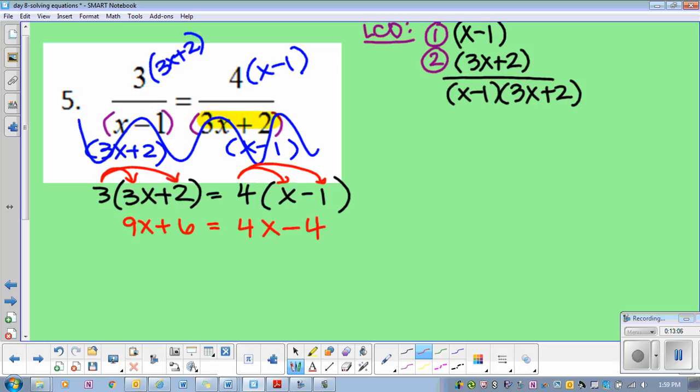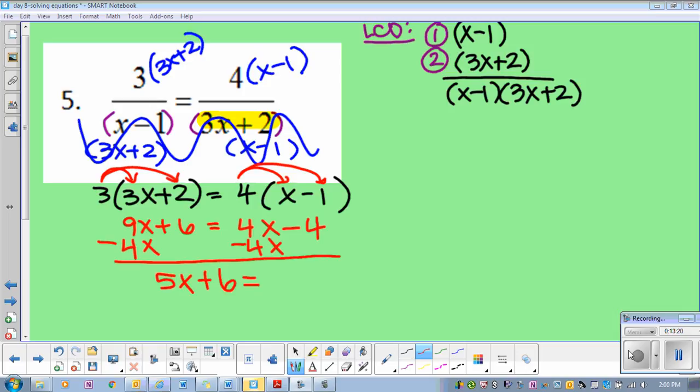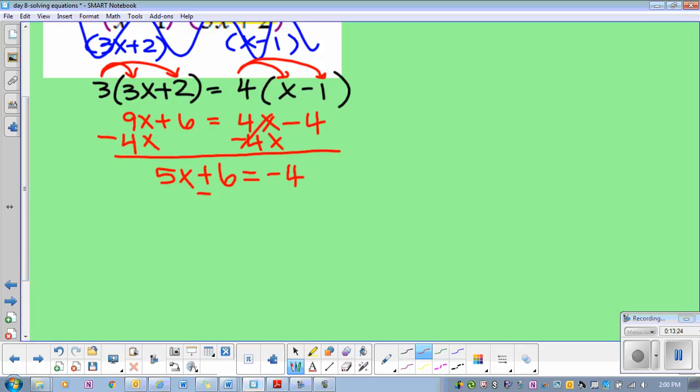I want you guys to get a head start. All right, so now I have, let's see, I'm going to subtract the 4x so that I have 5x plus 6 equals negative 4, yes? And then minus the 6 so that I have 5x equals negative 10.